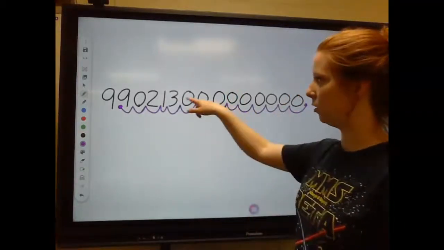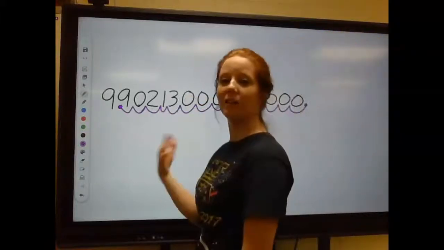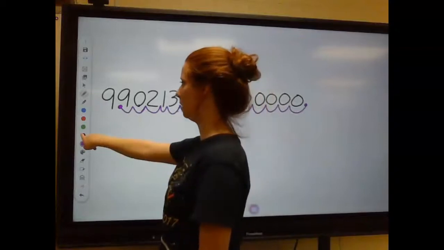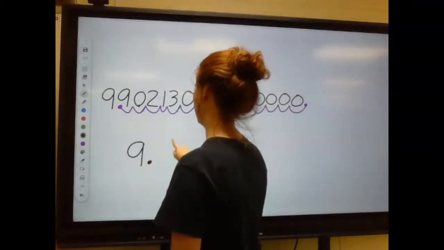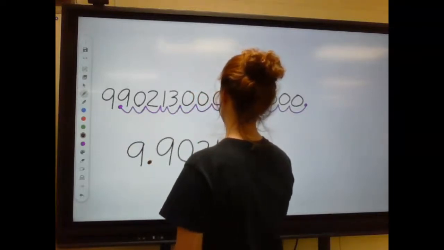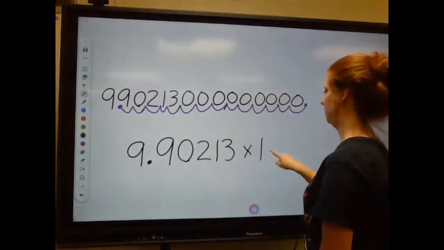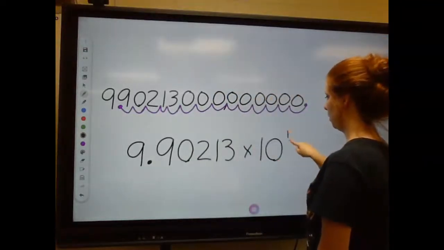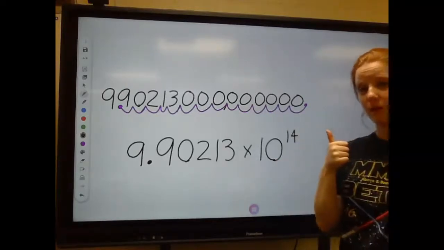So make sure that you are hopping each individual number. So our decimal then is going to be 9.90213 times 10 to the 14th power.